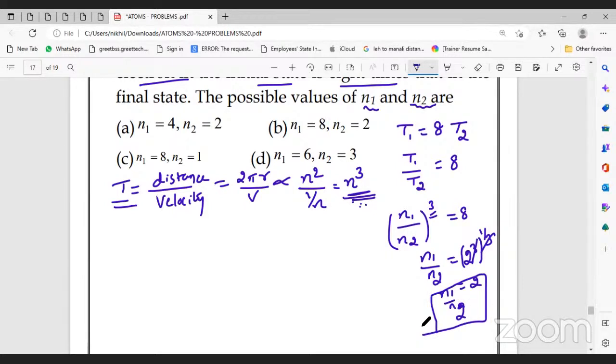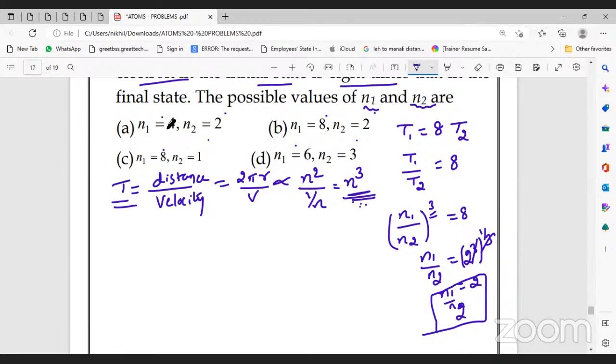Now they are asking to find the ratio. Can you tell me the possible values of N1 and N2? 4 by 2, 8 by 2, 8 by 1, 6 by 3.